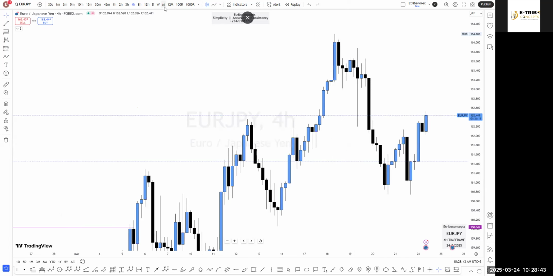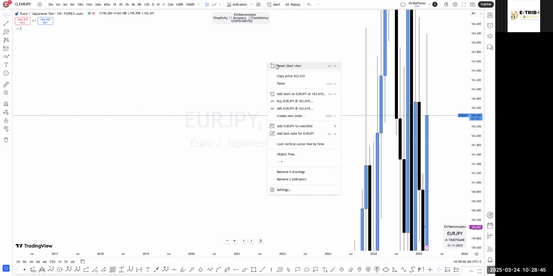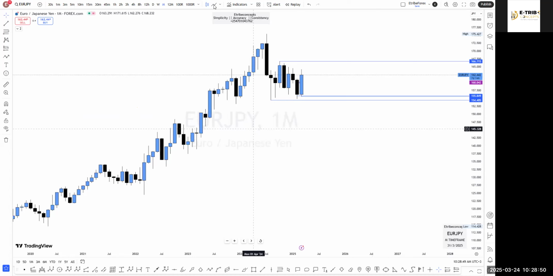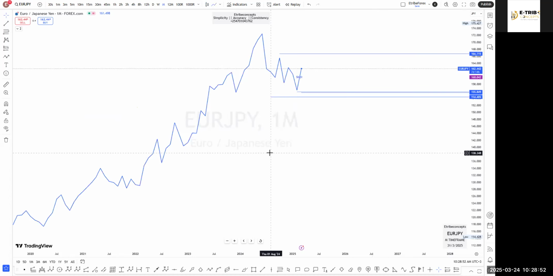So on Euro JPY, when I look at the monthly structure, the first thing, just a moment.